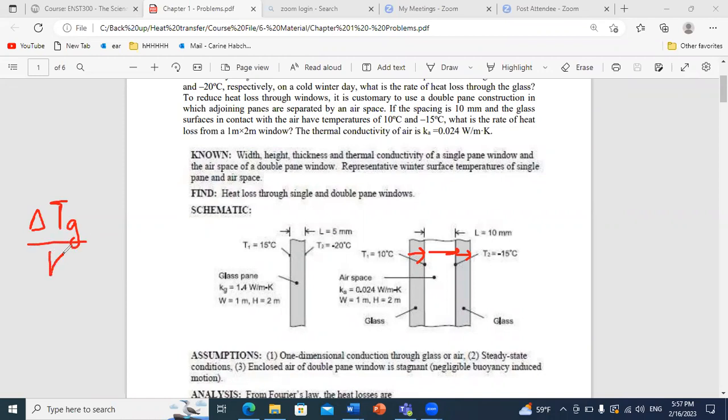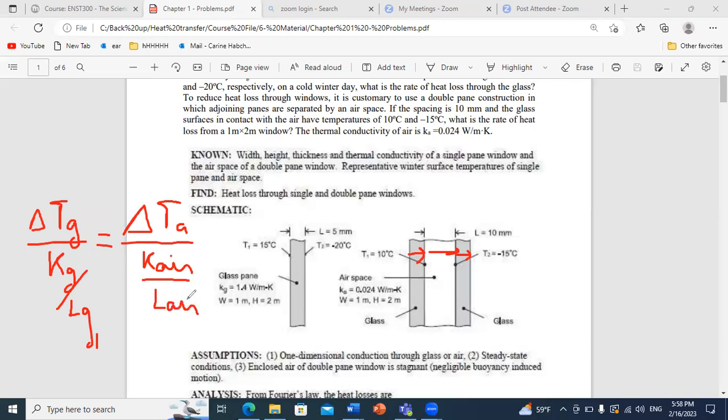Then I will have delta T glass over K glass over thickness L of the glass layer 1, equal to delta T in air divided by K air over L air, equal to delta T in glass 2 over K glass over L glass 2.